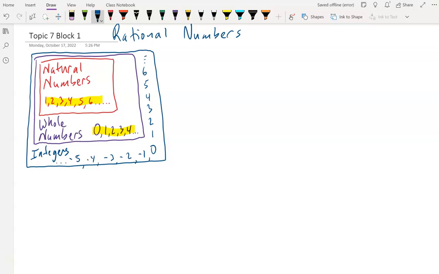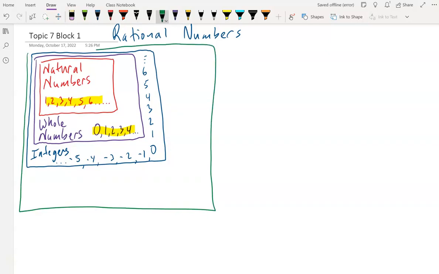So we have whole numbers, natural numbers, integers, and once we get past those, we get into a really big group, a huge group of numbers, and this super large group is called the rational numbers. The rational numbers include the natural numbers. The natural numbers are in the box of rational numbers.